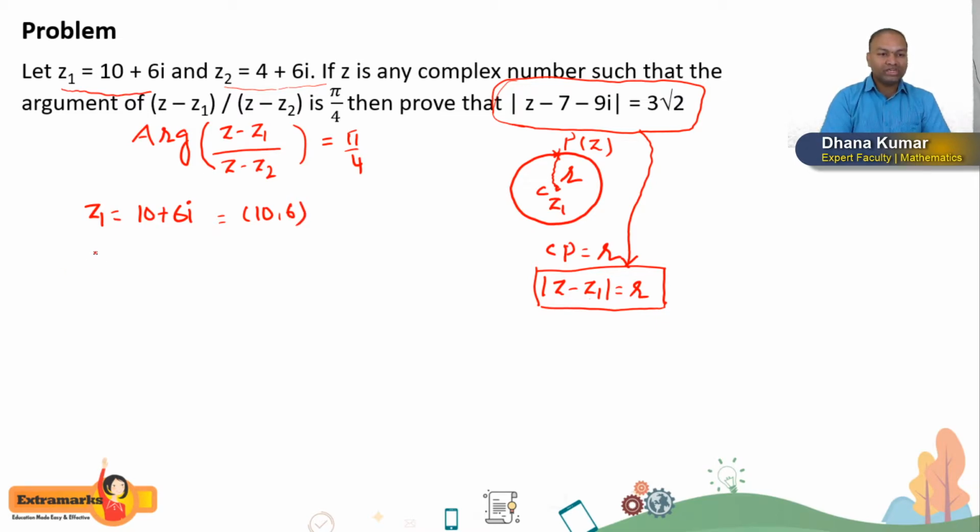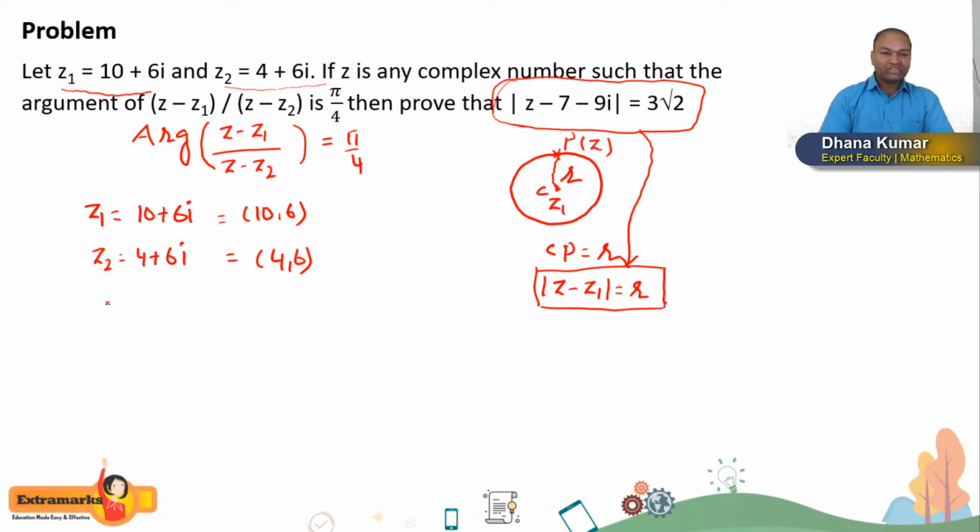And z2, 4 plus 6i, so the point can be written as 4 comma 6. Here you observe this one, the y coordinates are the same. Y coordinates same means what? The 2 points lie on a line that is parallel to the x-axis. Okay, remember, parallel to x-axis.